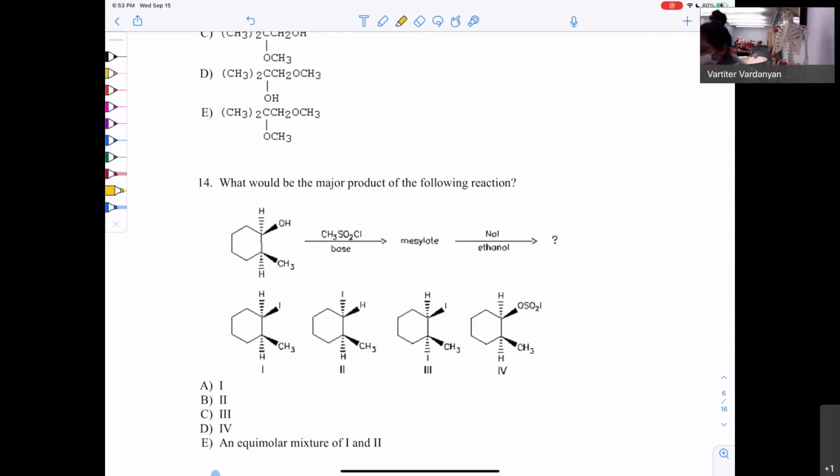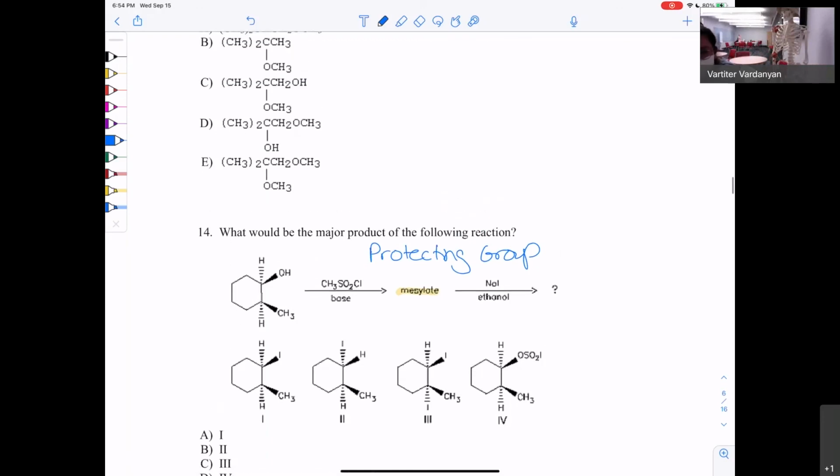So for 14, we see mesylate, and so we know that's a protecting group question. And we know that mesylate, hold on, I'm trying to figure out where to write this. There we go.